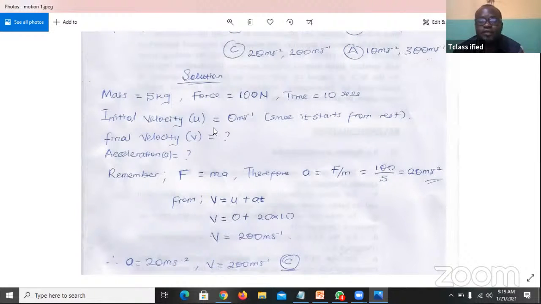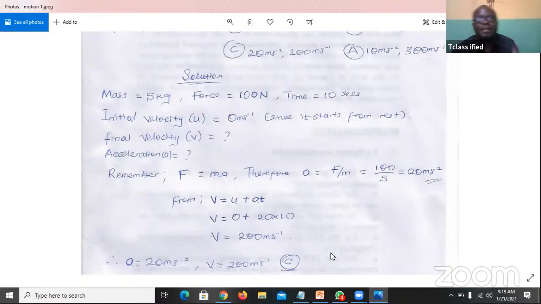What is the value of u? Initial velocity is 0. So 0 plus, what is the value of a? We've gotten a to be 20, times t, which is 10 seconds. So you have 0 plus 20 times 10, which is 200, making v equal to 200. So the right answer is acceleration 20 meters per second squared, whereas velocity is 200 meters per second.